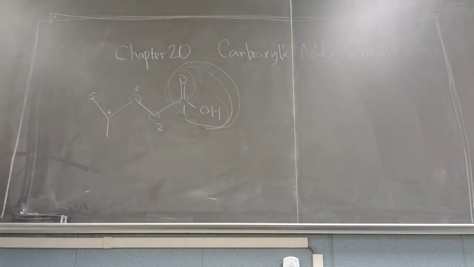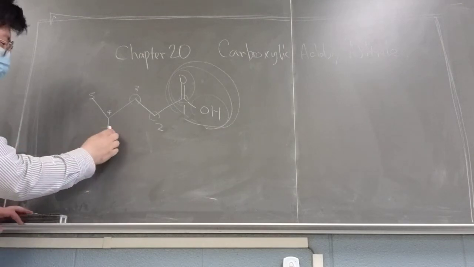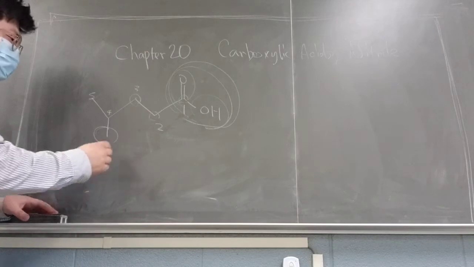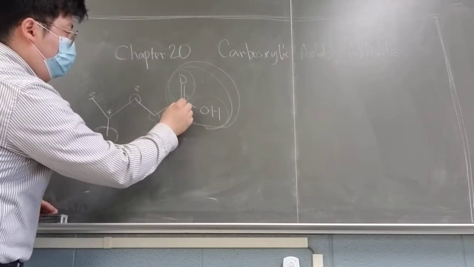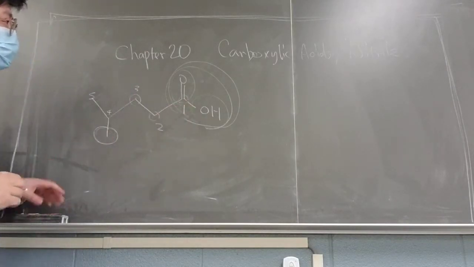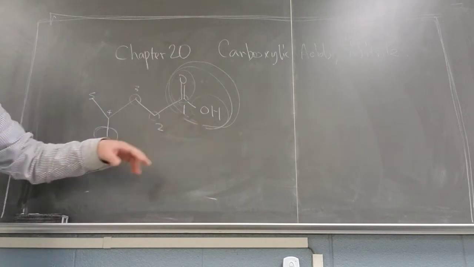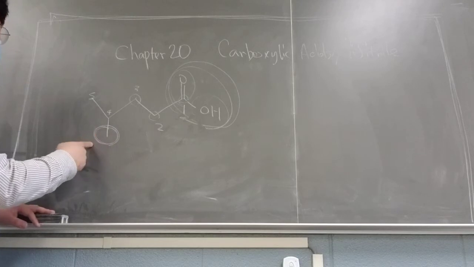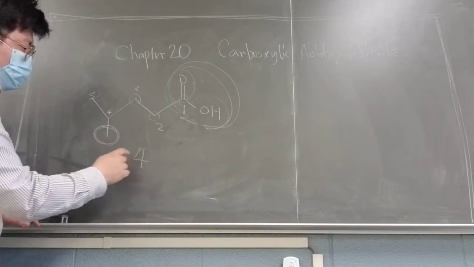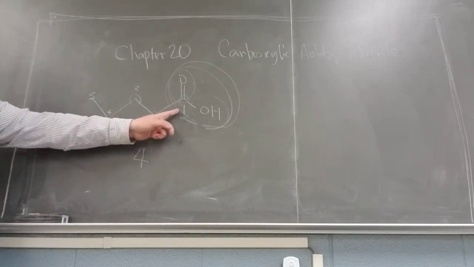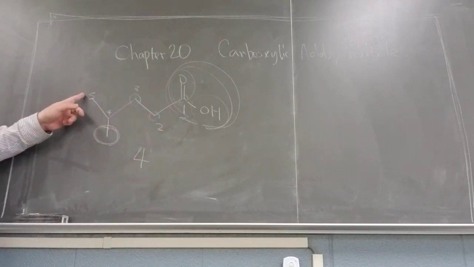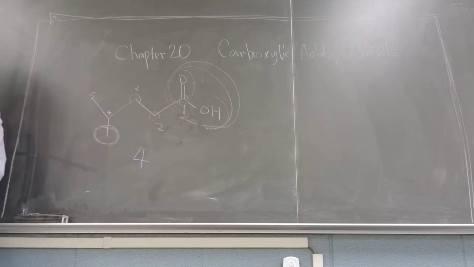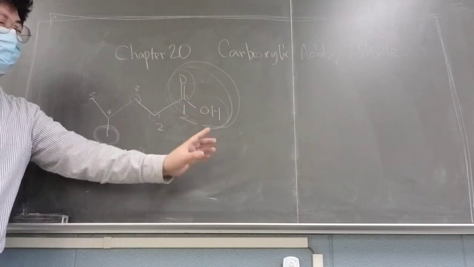Whenever you have substituent groups, when you put the locant number, the carbon always starts from where you have the carboxylic group, which is your number 1 carbon. So that makes your substituent group at what? 4. Because you always count the carbon from here. Even if counting from the other end would give a lower number, we always count the carbon in this carboxyl group first.